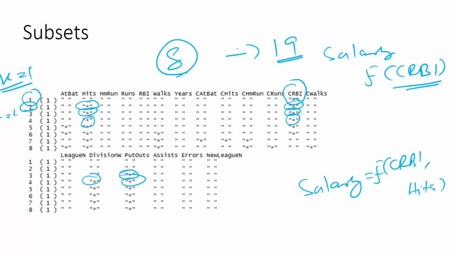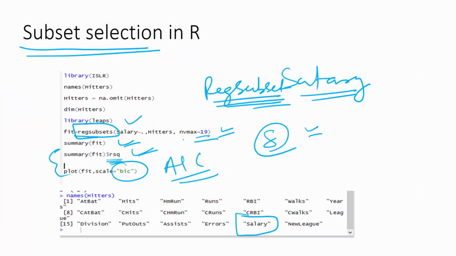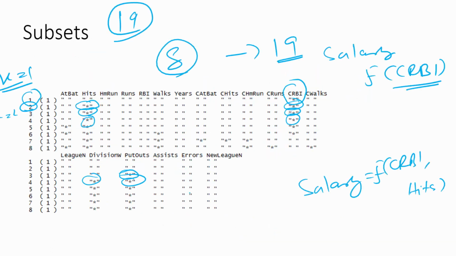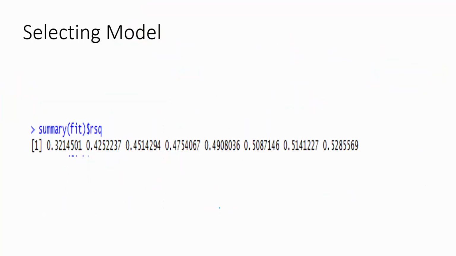So that's the way it goes to the 8 variable model. There are total 19 of them. You can actually extend that to 19. For that, you just have to use this syntax, nvmax. And then out of the 19 finalized models, you have to choose what is the best one. How do you do that? Simply plot the R square, adjusted R square.